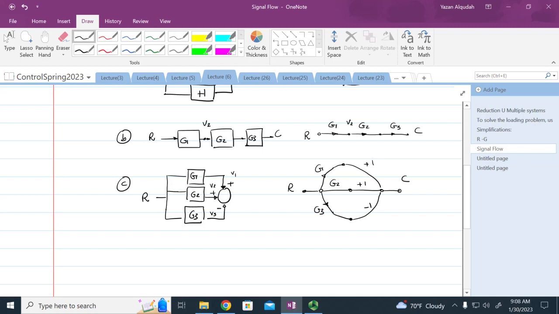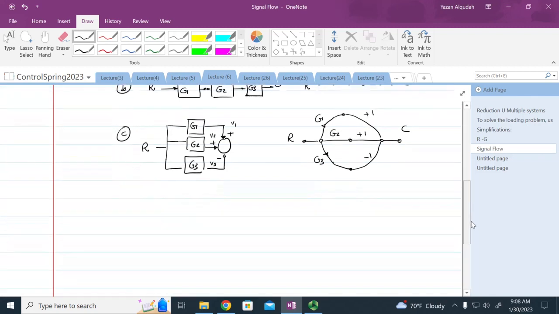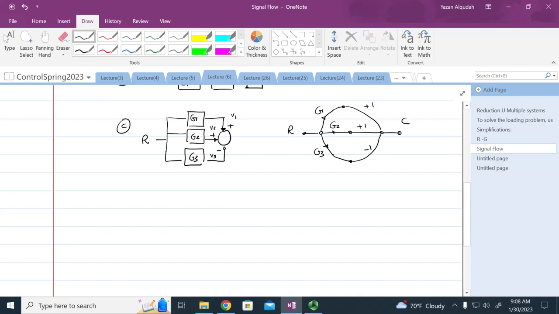Does that make sense? Three branches, G1, G2, G3. Since the signal from G3 is subtracted, we have a negative 1 that will multiply G3. Okay.